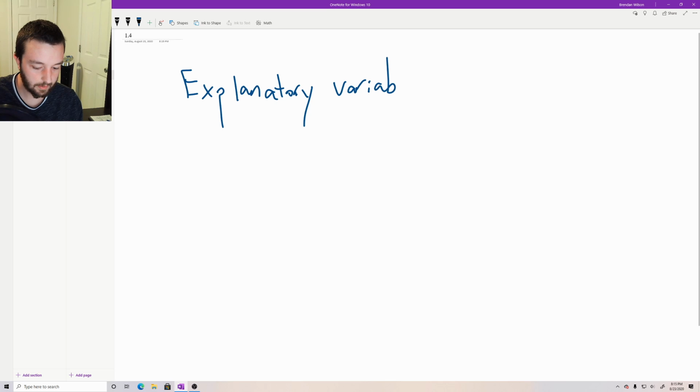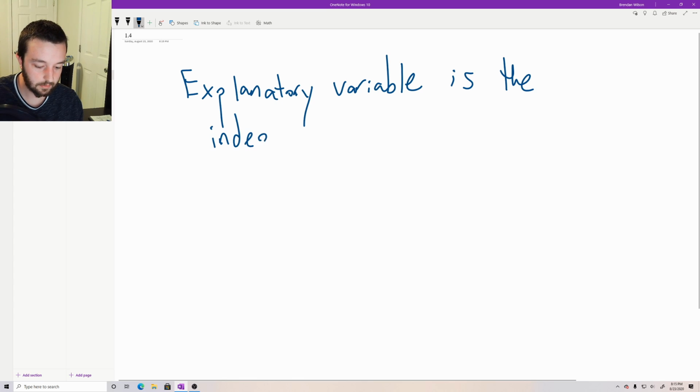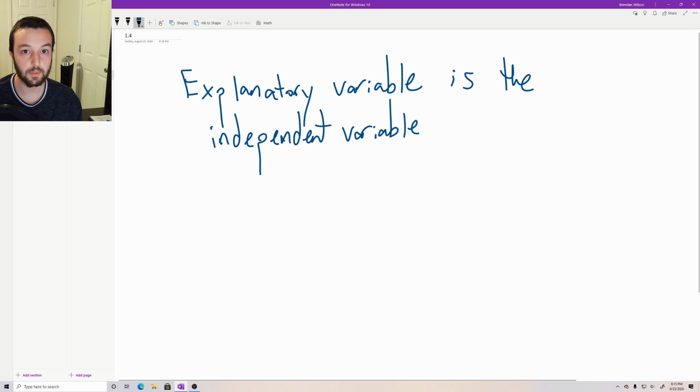Okay. So this is basically your independent variable. Okay. So it's just, the language of statistics is a little different than the language of algebra, right? But this is the same thing.